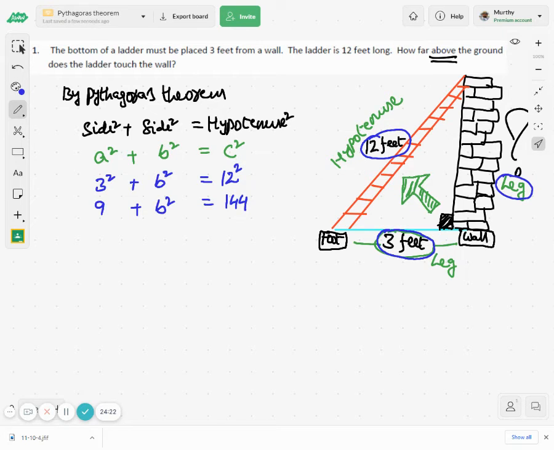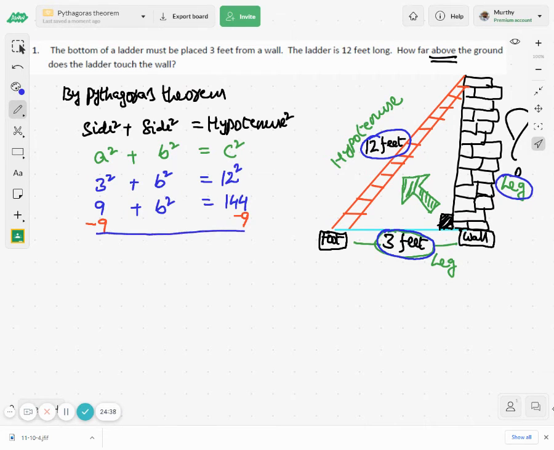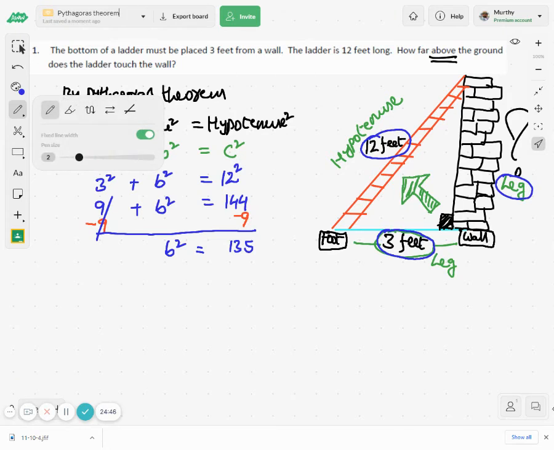As you know, in simple algebra calculations we go for inverse operations so that b can be isolated. If I take away 9, then I get b square equals 135.